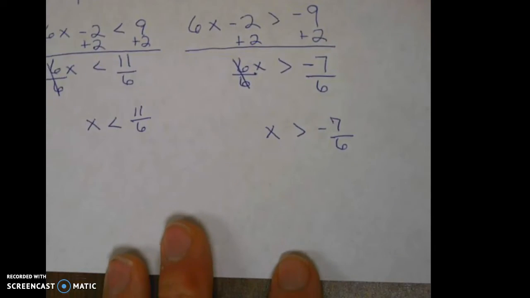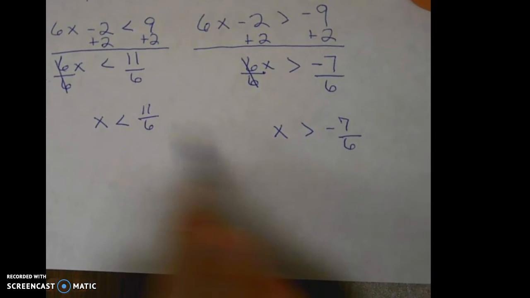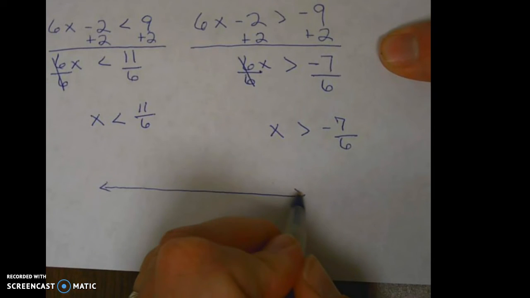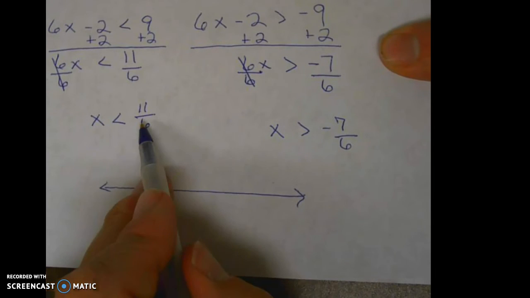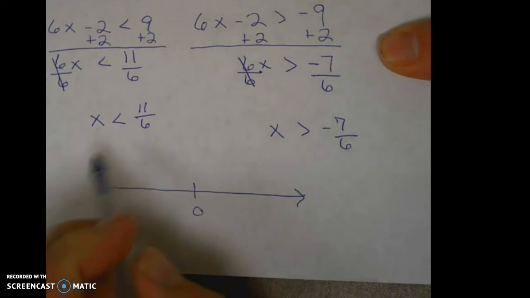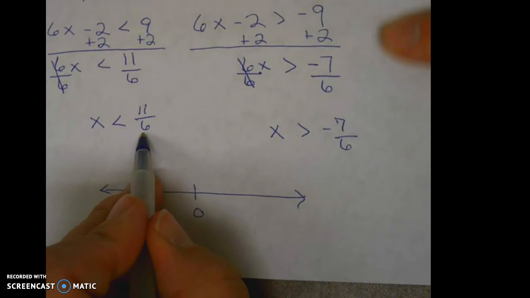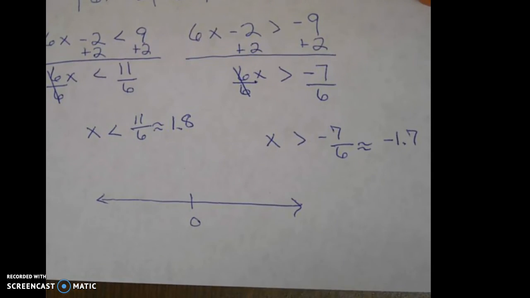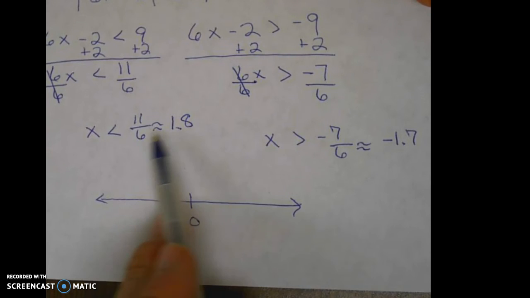Okay, now to graph our solutions. So we have a positive number and we have a negative number. To graph this, you may want to change these numbers to decimals. Okay, so I converted them to decimals.